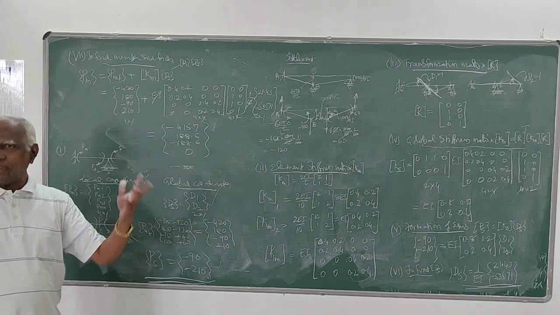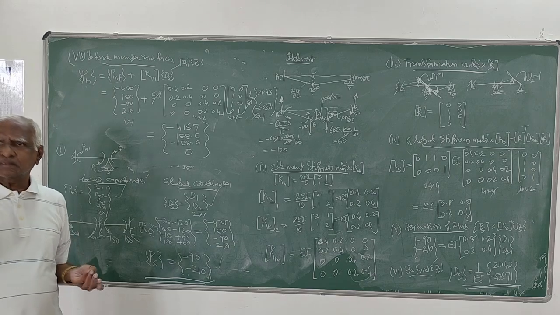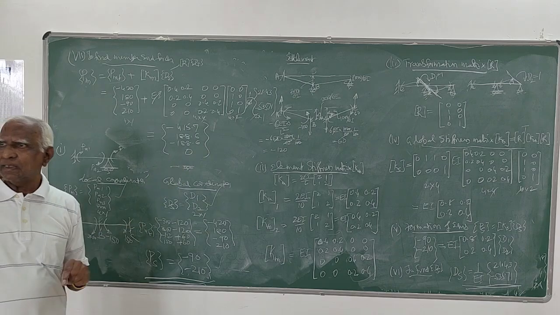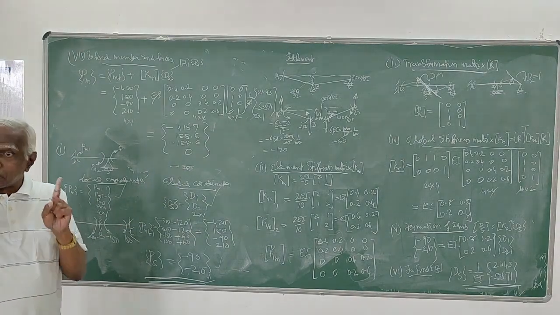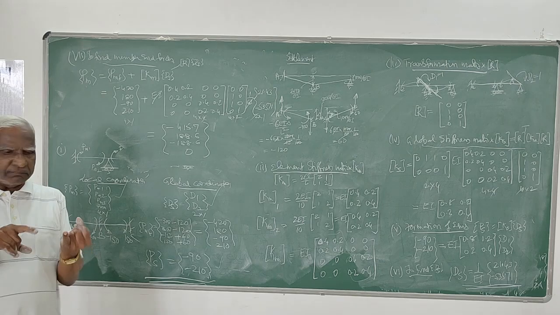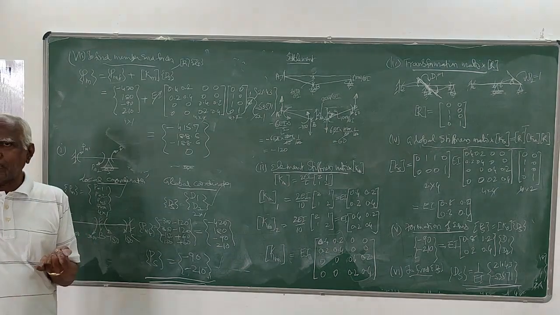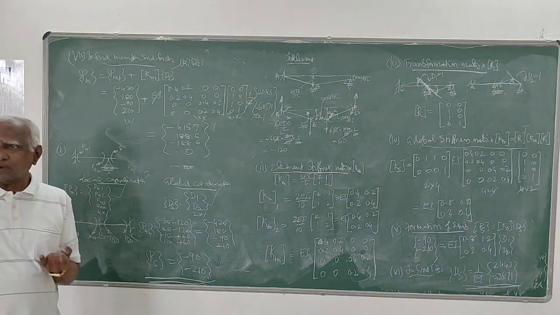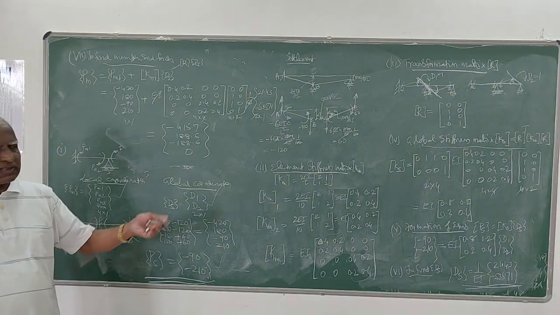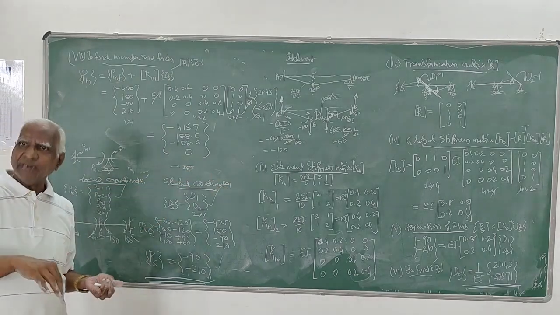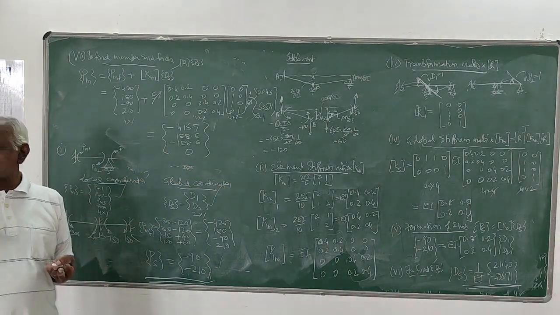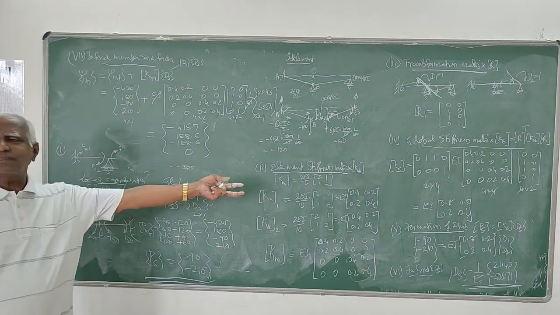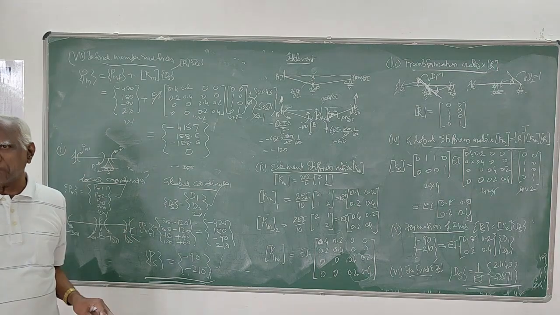Mainly, the finite element method is applied for determining the element properties by the finite element approach. The element property we have to arrive at by defining displacement. First discretization, next defining shape functions for the field variables, that is displacements, then finding the strain displacement relationship, then the stress strain relationship, then generating the stiffness matrix.